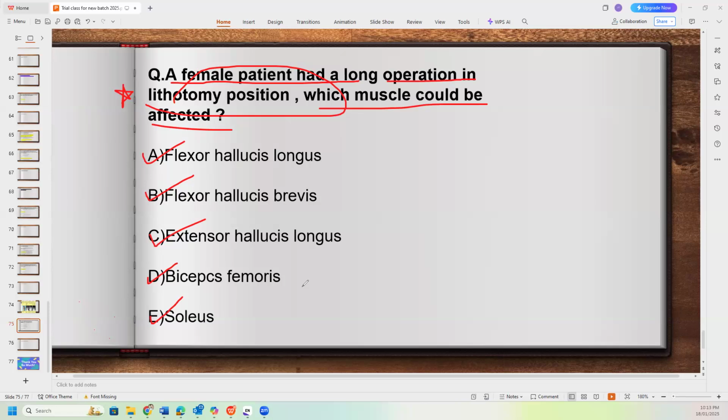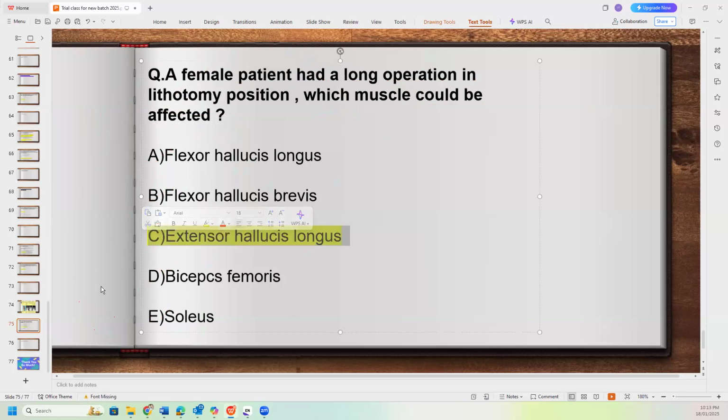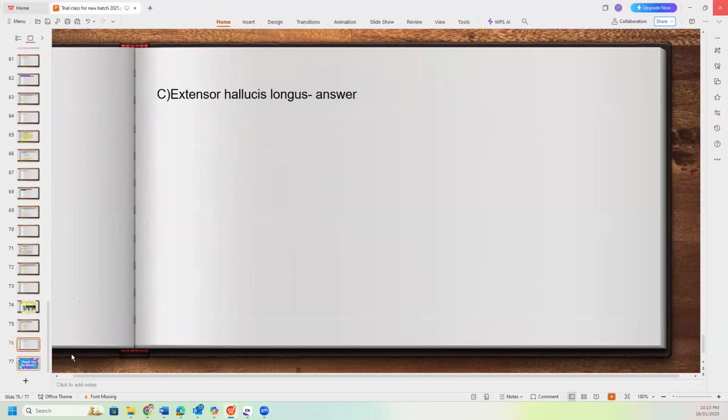Which muscle is innervated by the common peroneal nerve? Very good. Extensor hallucis longus is innervated by the common peroneal nerve. So your answer is C, and the patient will present with which symptom? Slapping gait or foot drop. Very good.